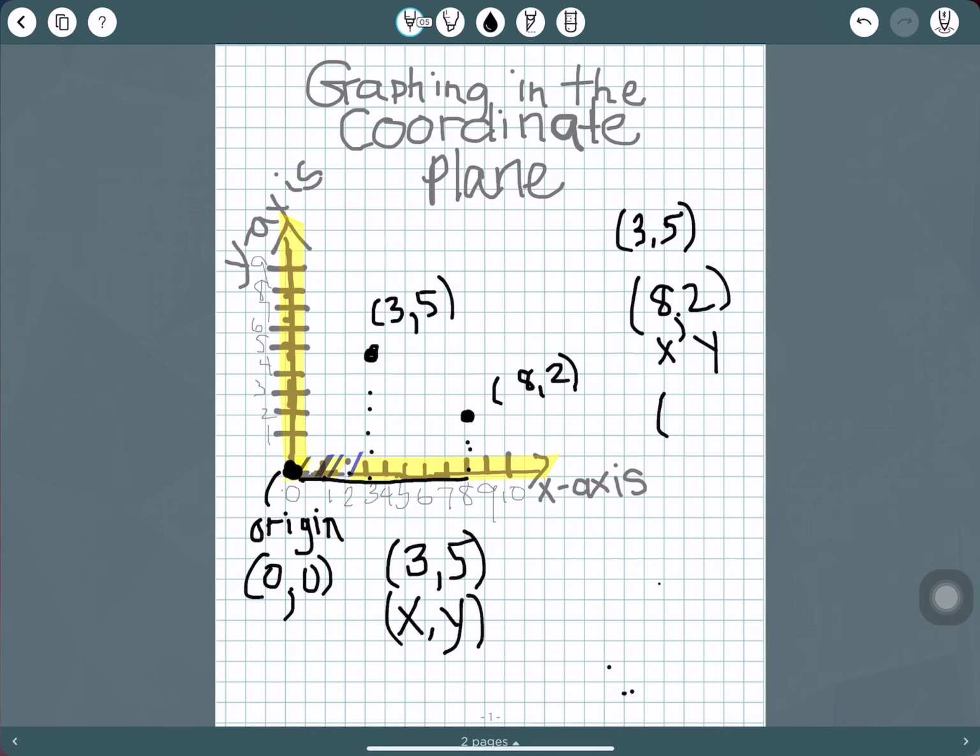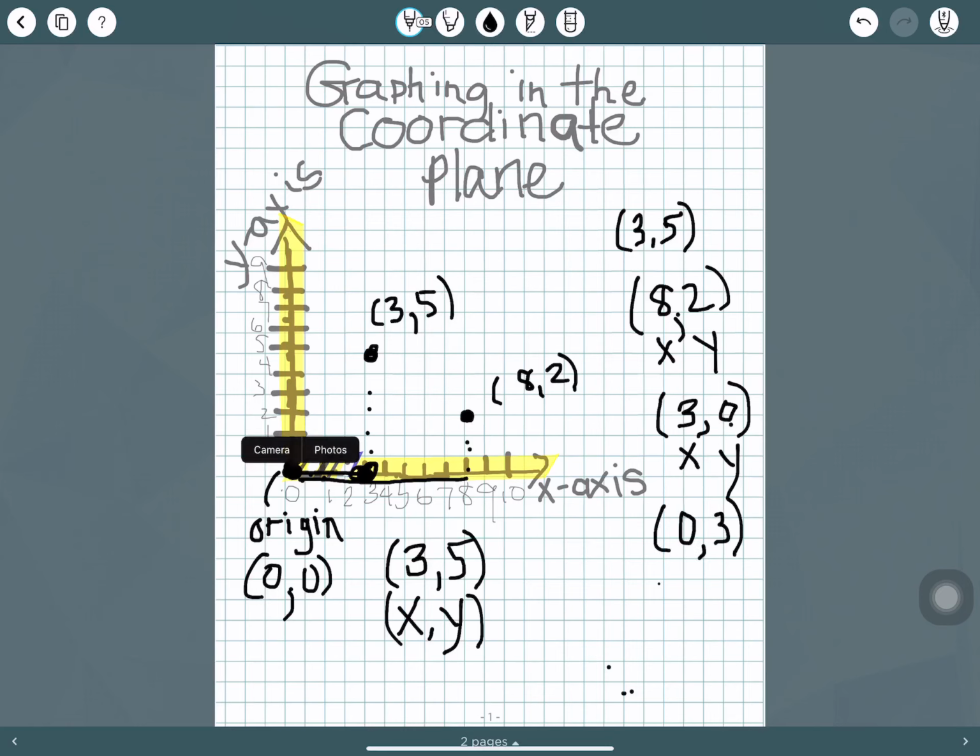What if we wanted the point 3, 0? This means we're going to go in the x direction 3, and we're going to go up 0. So we're going to go over 3, and then up 0. So we're going to be right on the x-axis. And if we wanted to plot the point 0, 3, we would be over 0 and up 3.